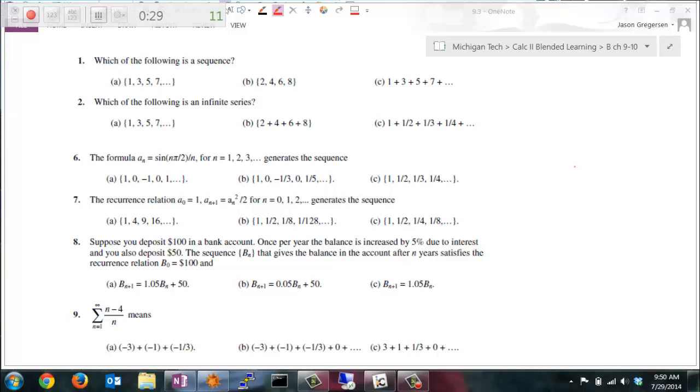So the first one, which of the following is a sequence? How many clickers we got from the audience today? 15, 16.